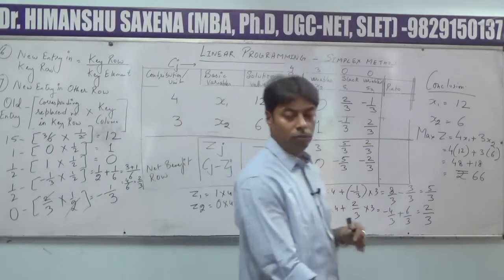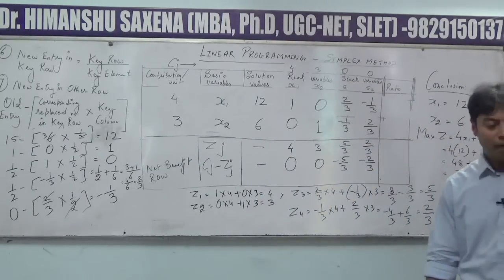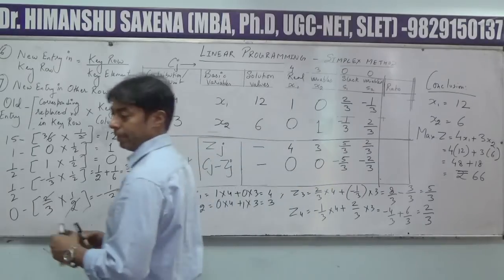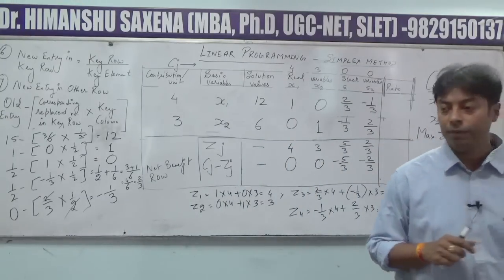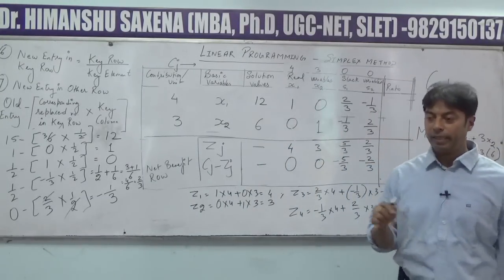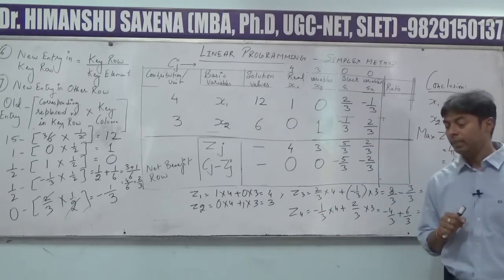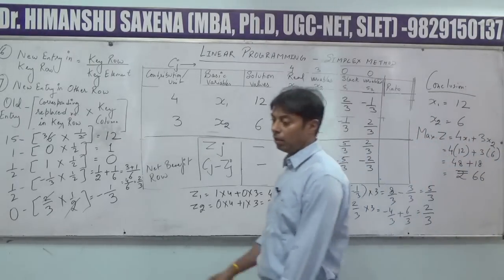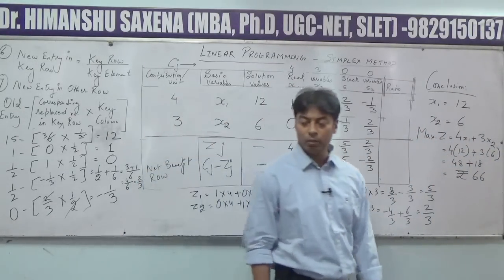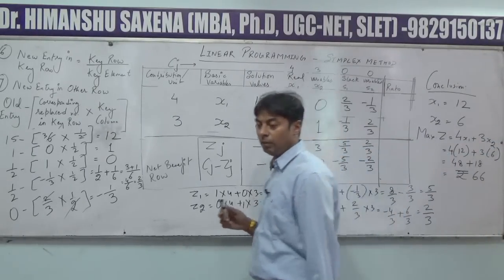In order to attain the maximum profit level of rupees 66, the firm should produce 12 units of x1.